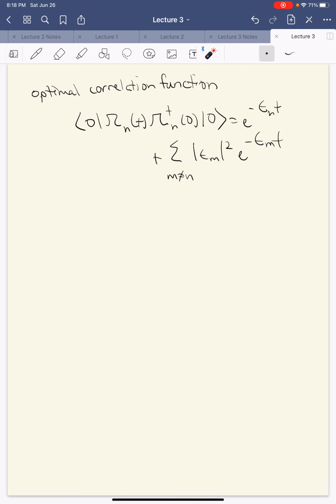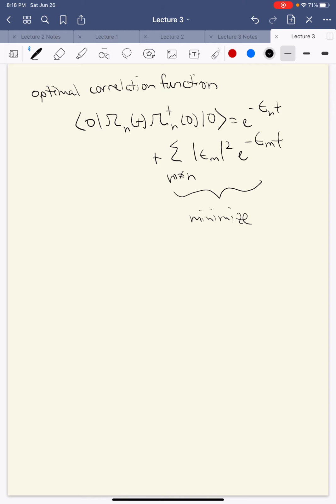So this is the overlap factor for my optimized operator onto all the other states, and then I'll have this tower. So again, this is the thing we want to minimize.